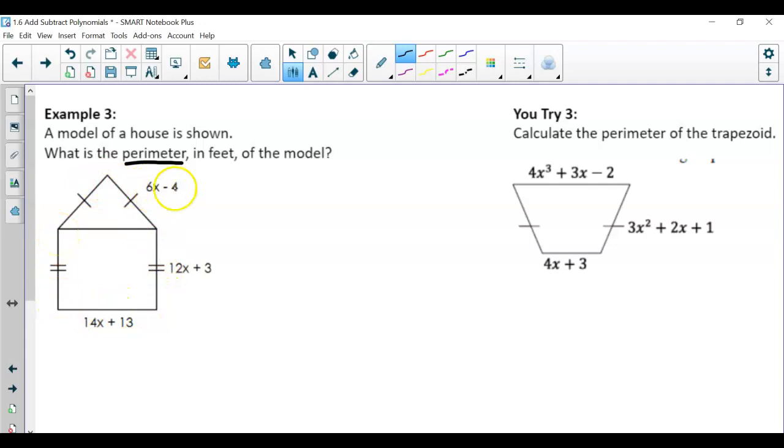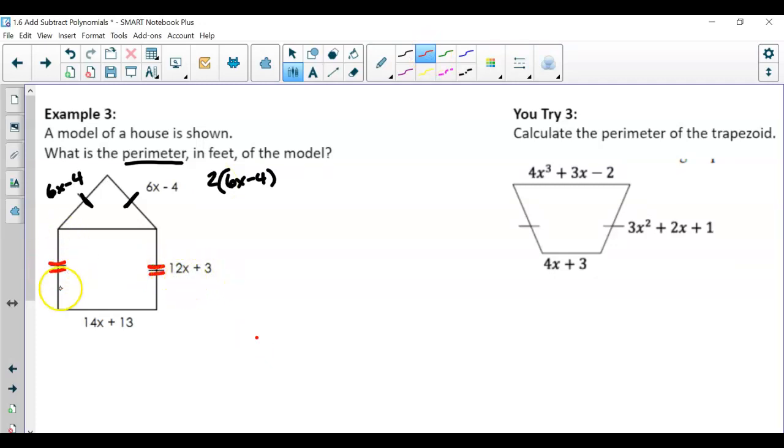So if this value here is 6x minus 4, notice that it only has one hash mark, and this side of the triangle only has one hash mark, which means this side is also 6x minus 4. So we are taking that 6x minus 4 and doubling it. Also notice this side here has two hash marks of 12x plus 3.